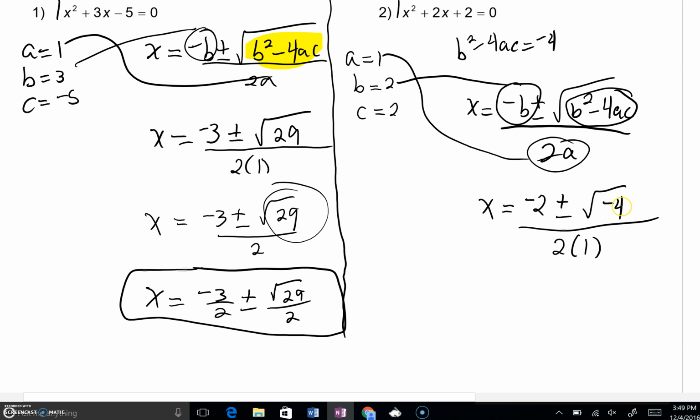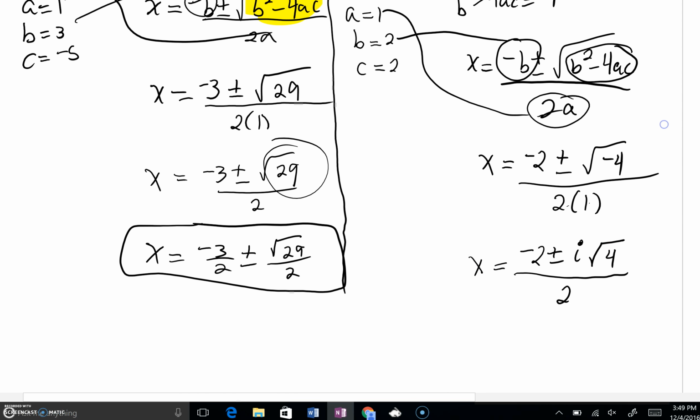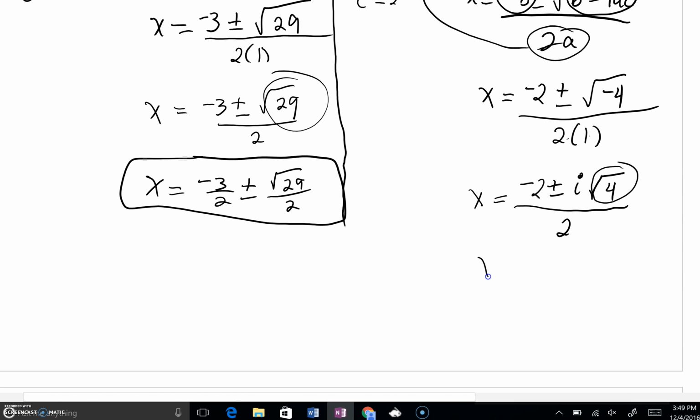If we have a negative inside of the square root, we have to pull out an I. Now down below, 2 times 1 is just a 2. But again, what's the square root of 4? Well, the square root of 4 is a perfect square. It's just 2. So wonderfully, we're going to get -2 plus or minus 2I all over 2.